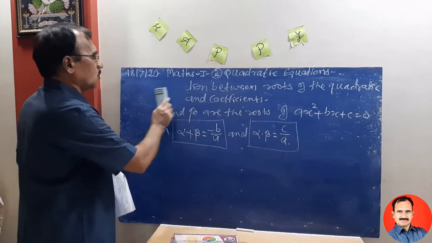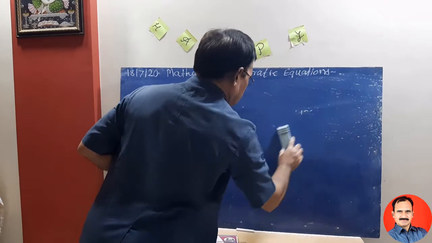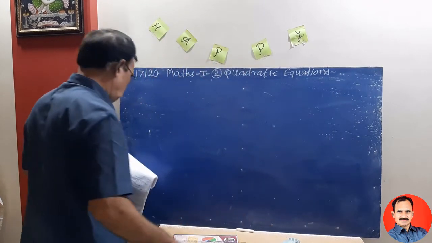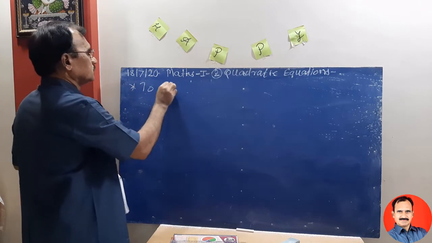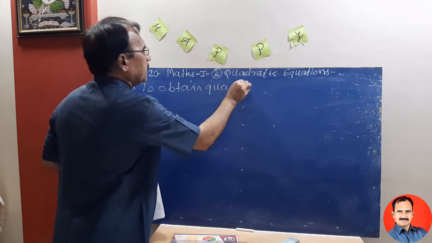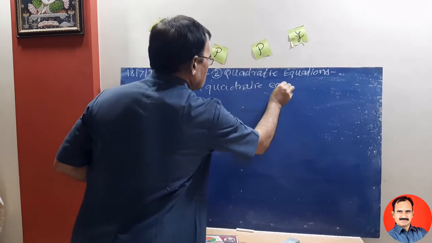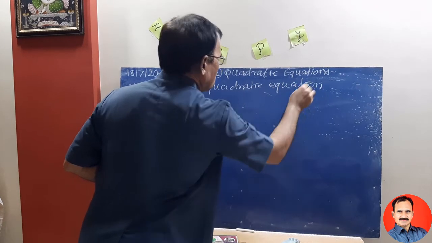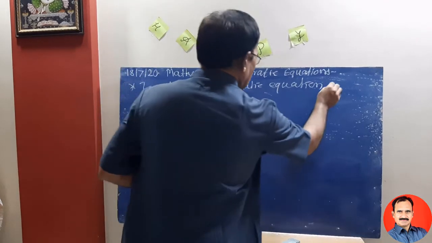Now the next small article: to obtain a quadratic equation if roots are given.